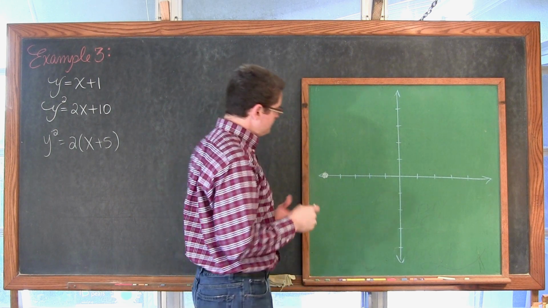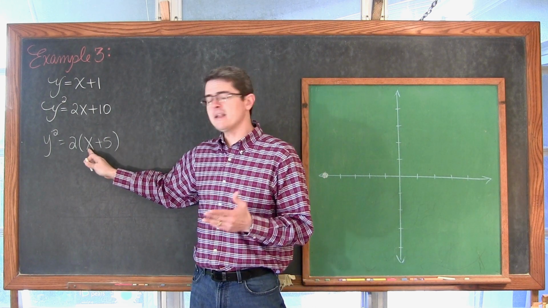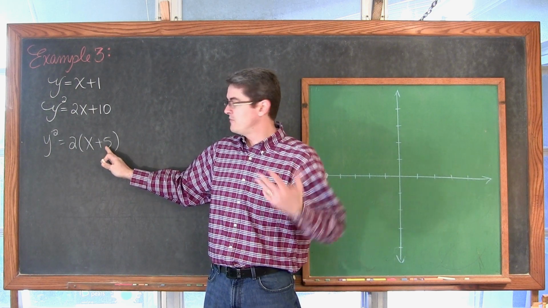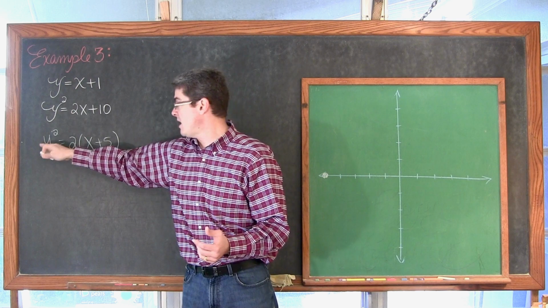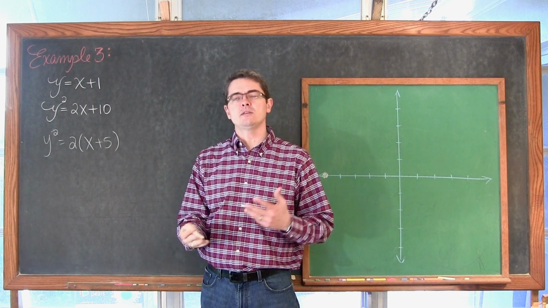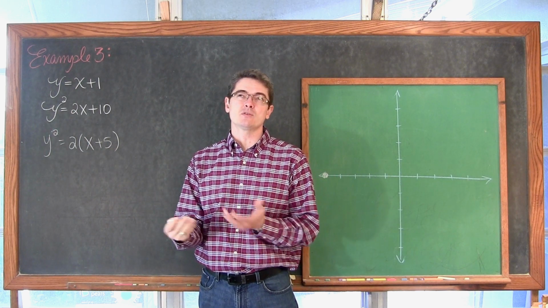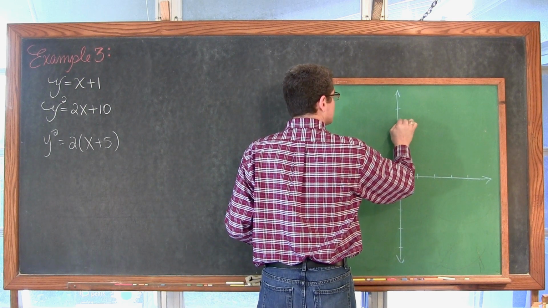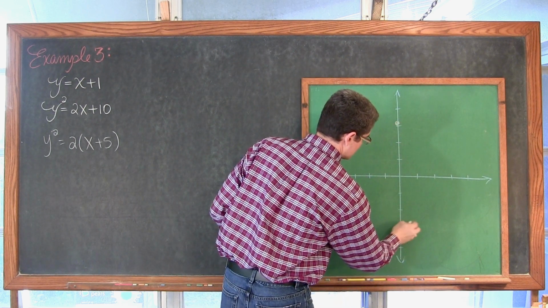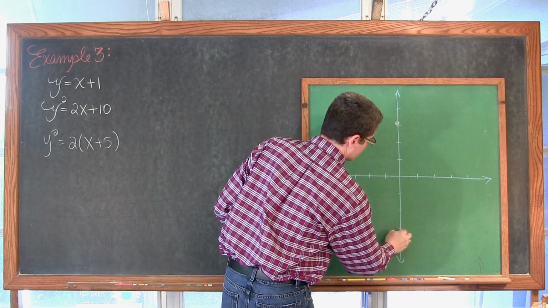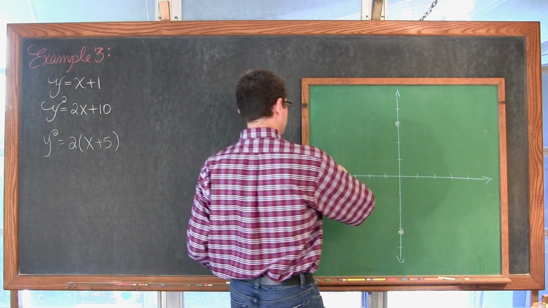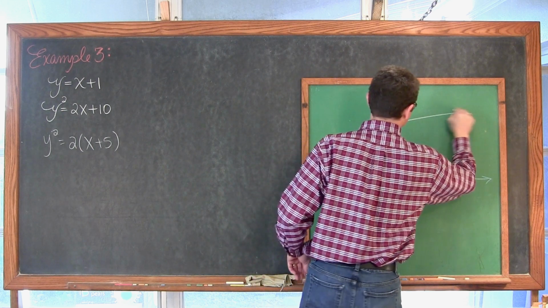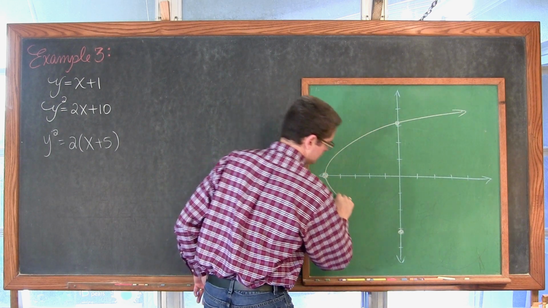If we let x equal 0, we're going to have 2 times 5 is 10, and then y squared is equal to 10, so y is equal to plus or minus the square root of 10, which is a little bit more than 3, so our y-intercepts are just a hair greater and smaller than 3, and our parabola opening sideways looks something like this.